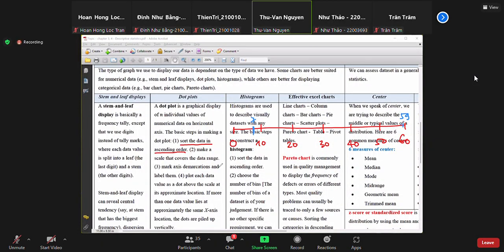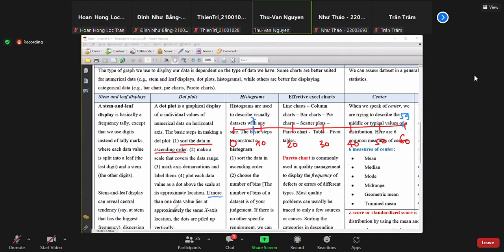Okay, and then you mark the axis with tick marks and label them. Okay, we have done that already, so here we divide it into 6 equal parts. And then after that, you plot each data value as a dot above the scale at its approximate location.